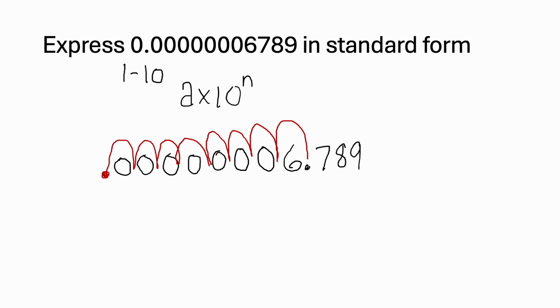So we are going to have to move our decimal place 8 times to the left, meaning that our number is going to be, in standard form, 6.789 times 10 to the power of minus 8.